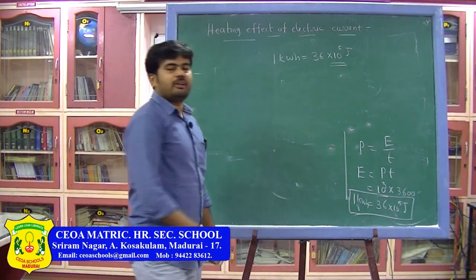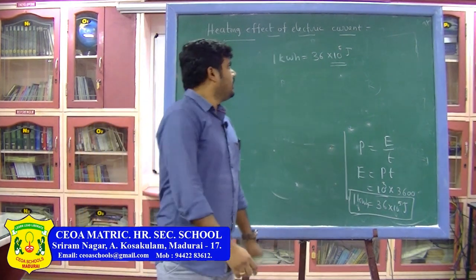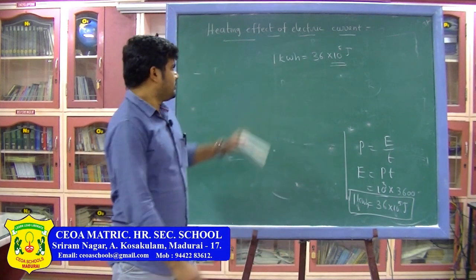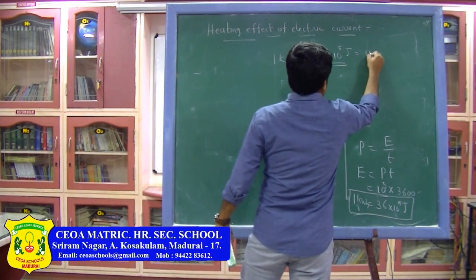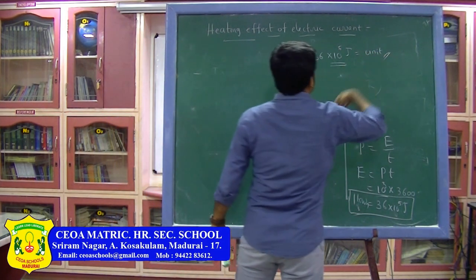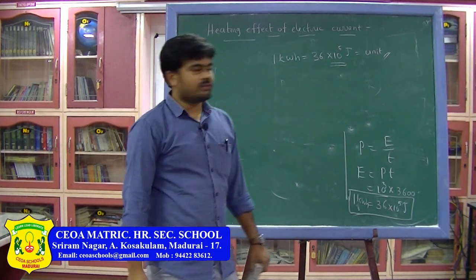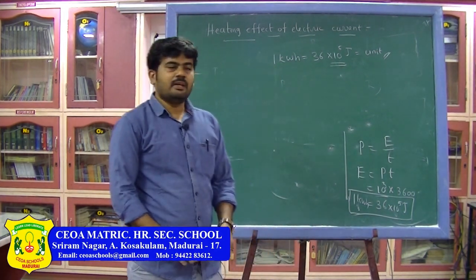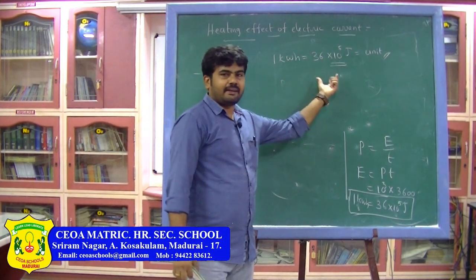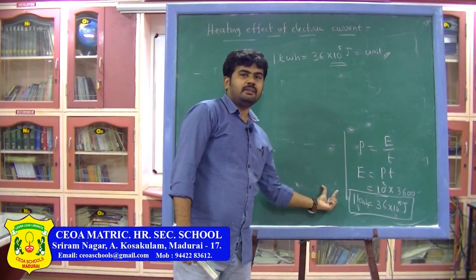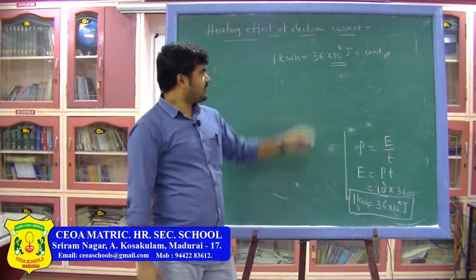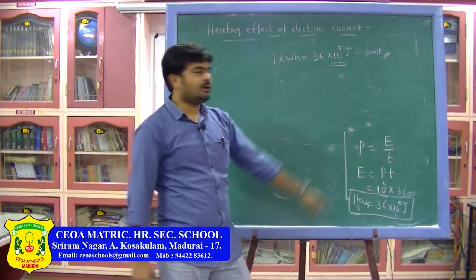Remember, it is a unit of energy, not a unit of power. So this is what we call 1 unit: 36 into 10 to the power of 5 joules of energy, which is defined as the energy consumed by an electrical appliance of 1000 watts in a time of 1 hour. That is called 1 kilowatt hour, or 1 unit of energy.